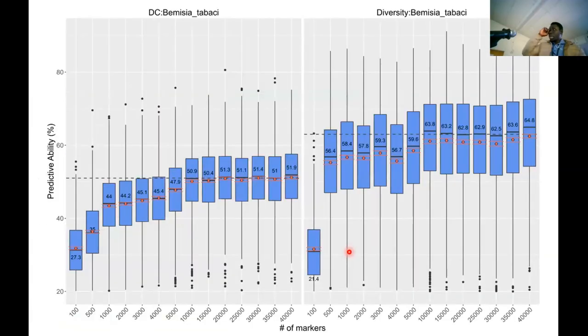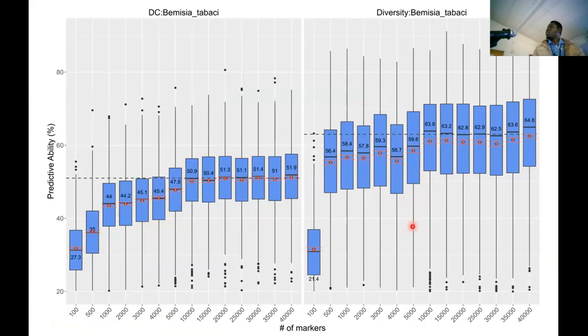So when we look at marker density and prediction ability, we found that for Bemisia the predictions in the diversity panel were better than in the DC biparental population, which coincides with what we previously had when we used metagenome as a covariate.